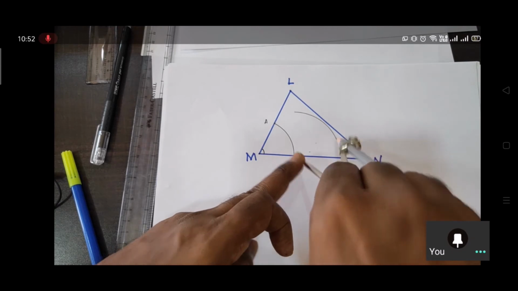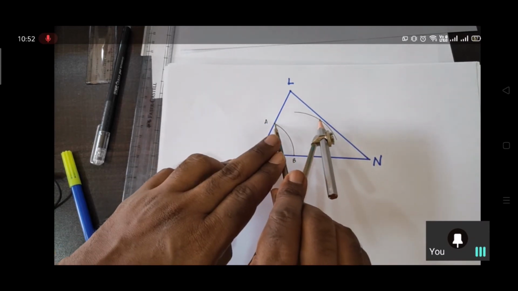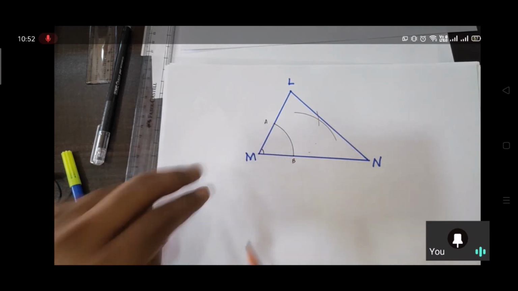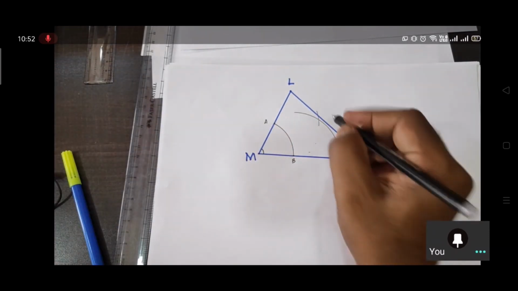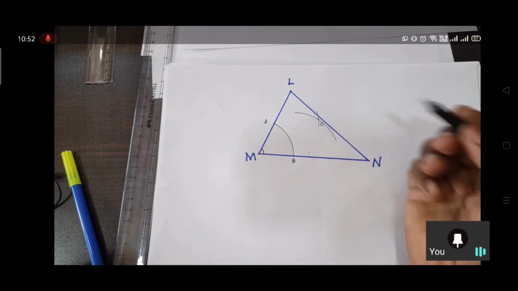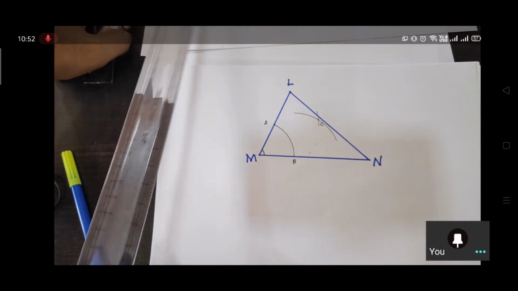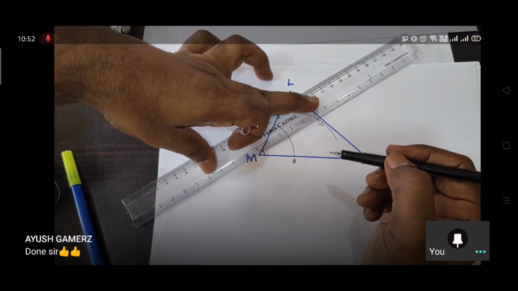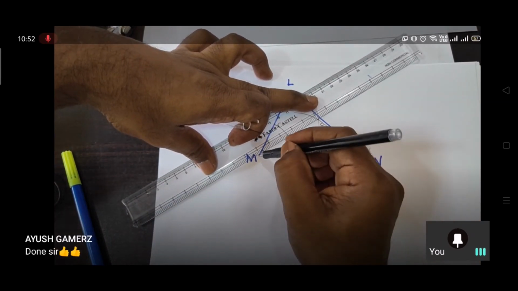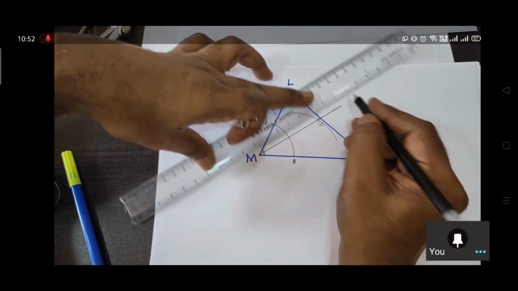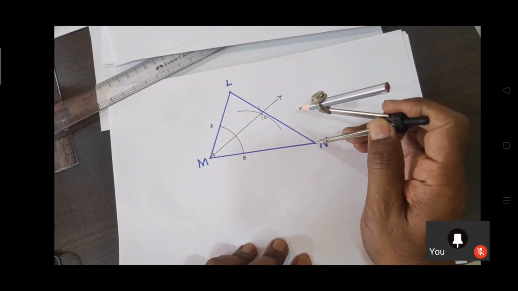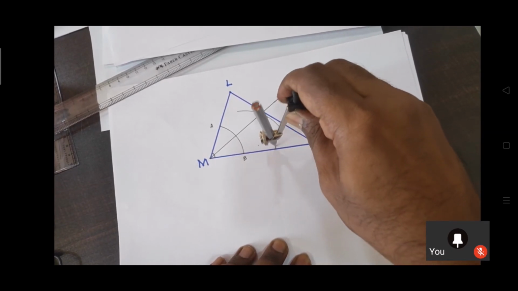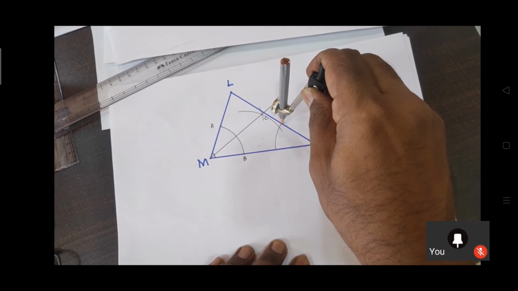Same span, keep your pointer on point A, cut this arc, intersect this arc, name will be C, and you will draw one ray. That will be the angle bisector for this angle M.